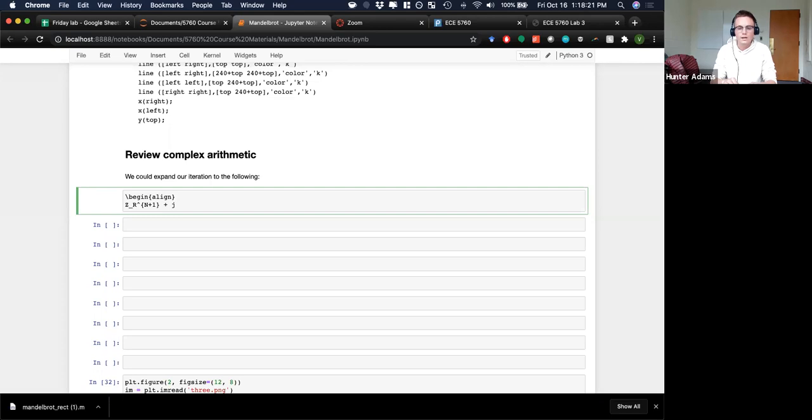Complex J ZI at n+1 is equal to Zn squared, which we'll write as (ZR n plus J ZI n) squared, so times that again, plus C, which has both real and imaginary parts. So this is plus the real part of C plus J times the imaginary part of C.